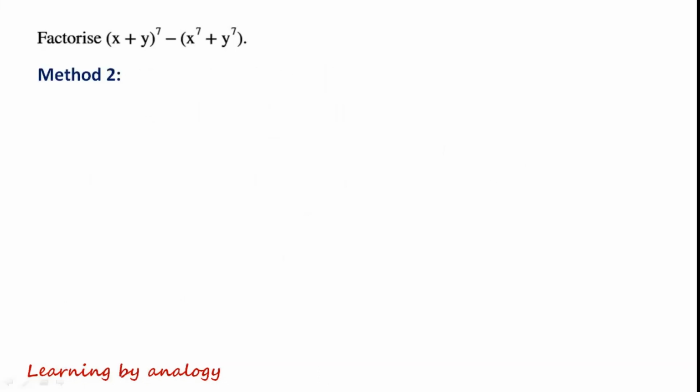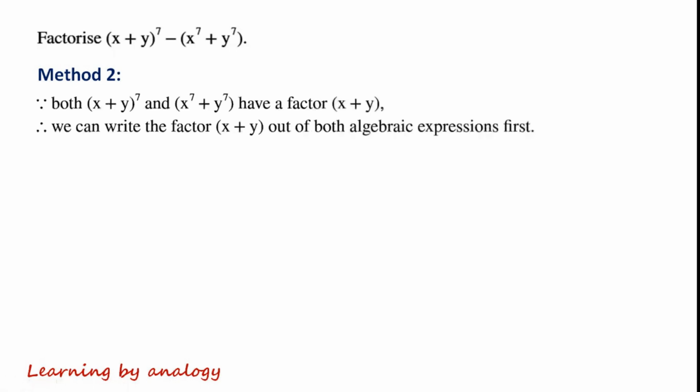Now we have an alternative method, because both x plus y all to the power of 7 and x to the power of 7 plus y to the power of 7 have a factor x plus y. So we can write the factor x plus y out of both algebraic expressions first.